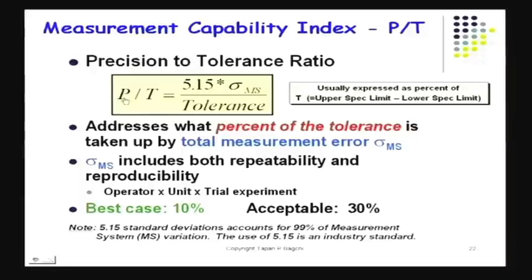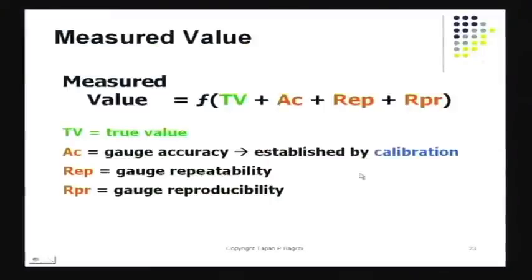What does the precision or imprecision comprise? It comprises partly the measurement error, which consists of repeatability and reproducibility, and it could also be due to stability and so on. We shall focus on two things: one is reproducibility, the other is repeatability.